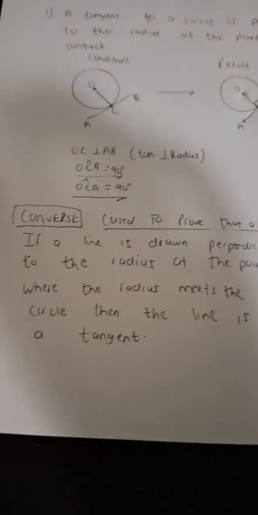For now, I'm just going to leave that statement as it is stated, because I'm going to delve into it when I do proof type questions. Very important when we do proof type questions. So let's look at some examples under this theorem.